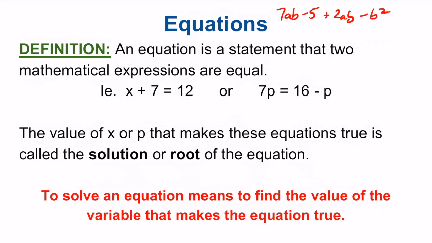This was an algebraic expression, and we knew that this one has 4 terms because each term is separated by a plus or a minus. An equation is simply taking 2 of these and setting them equal to each other. So we're just going to talk about linear equations. These variables that we use only have a power of 1 on them.